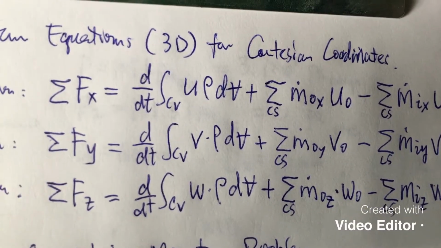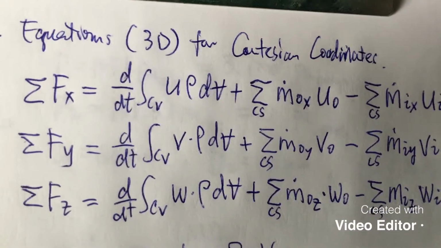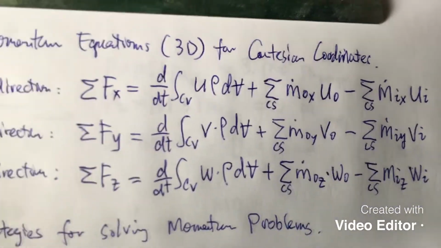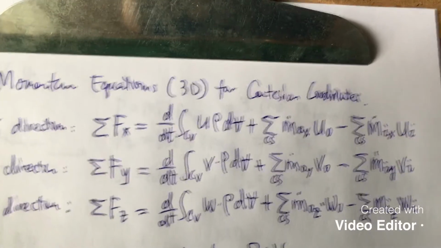Same thing for Fz, then it becomes w, the third component. So that's the general equation, depending on the problem.